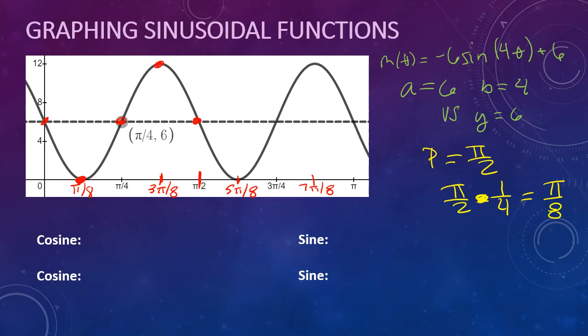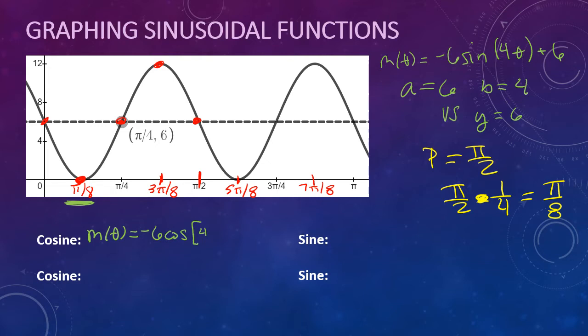So cosine. I'm going to continue to call this the function m of theta. When I start down here at this value, I'm starting at my minimum, so it's going to be negative amplitude. This is a cosine function now because I'm starting at my minimum. I tend to put a square bracket when there's a phase shift, and this is your b value.